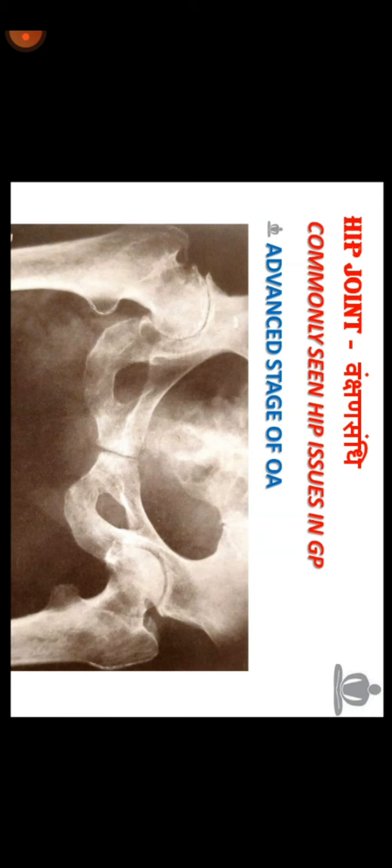In advanced right hip osteoarthritis, a common feature is shortening of the limb from tilting of the pelvis. The important features are narrowing of joint space, subchondral bone sclerosis, and marginal osteophytes.